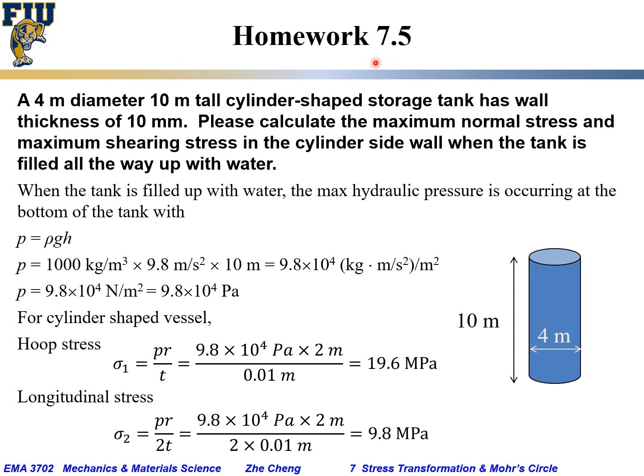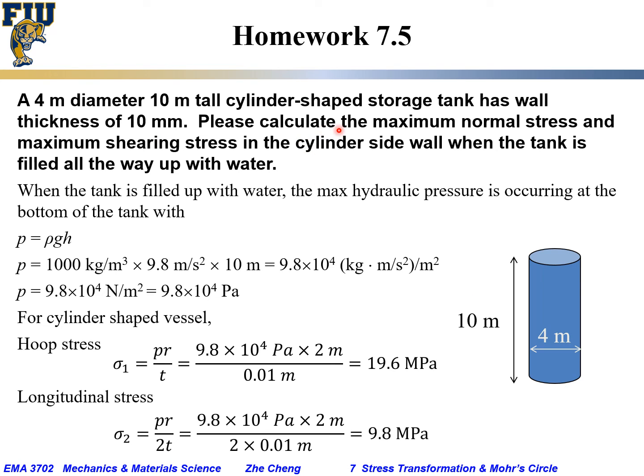Finally, homework 7.5. A 4-meter diameter, 10-meter tall, cylinder-shaped storage tank has a wall thickness of 10 millimeter. Okay, 4 meter in diameter, 10 meter tall, and 10 millimeter thick wall.